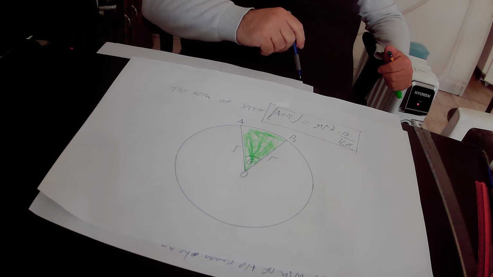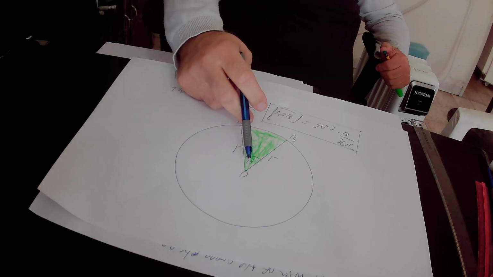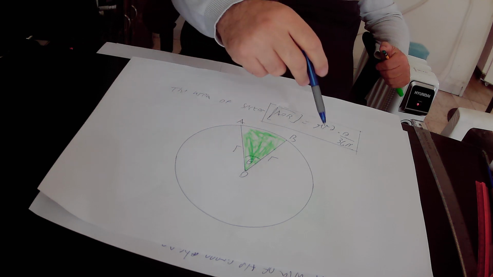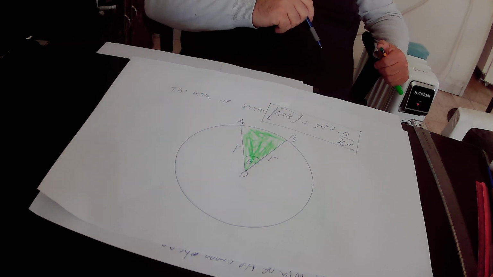The vertex here is the center of the circle.